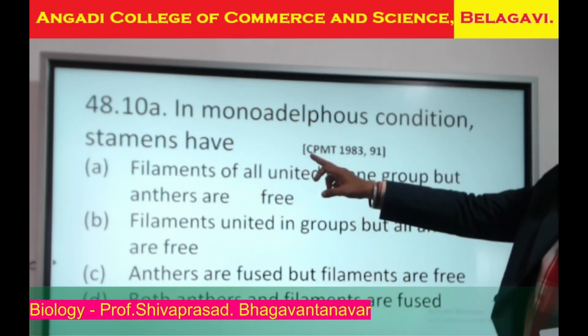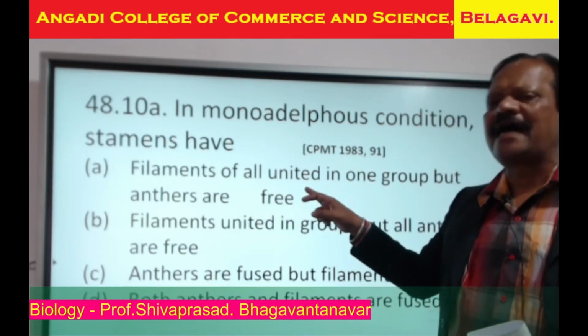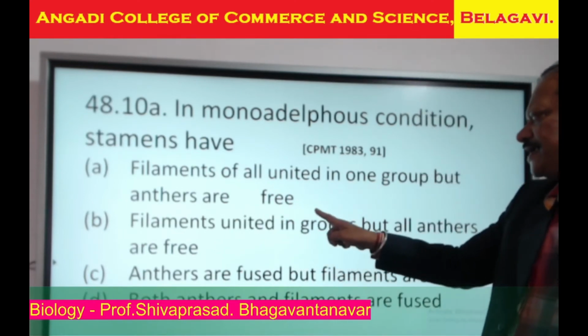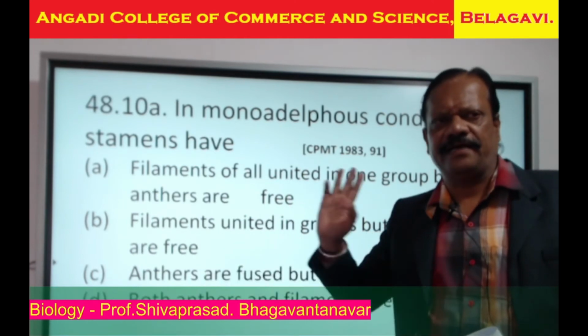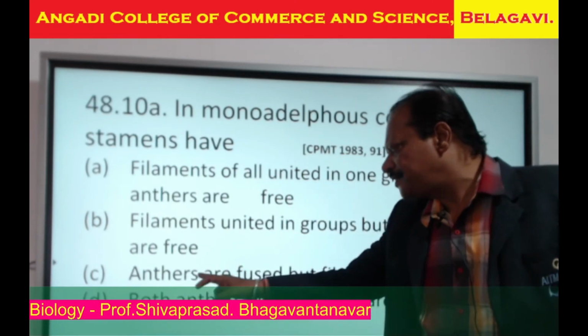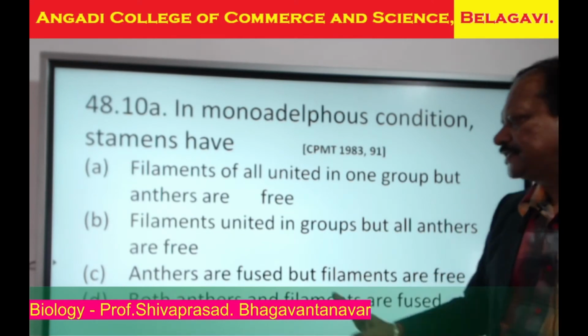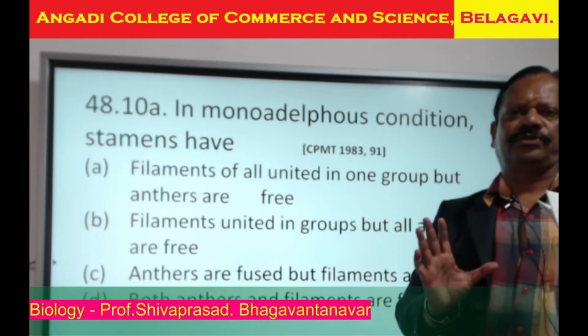Filaments are all united in one group, but anthers are free. The next one, filaments united in groups, but all anthers are free. Third one, anthers are fused, but filaments are free. Last one, both anthers and filaments are fused.